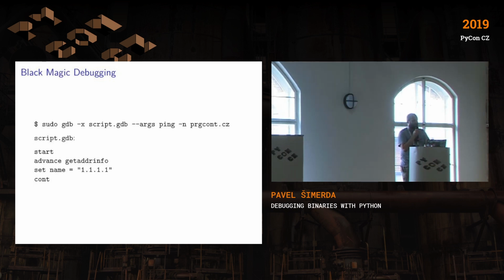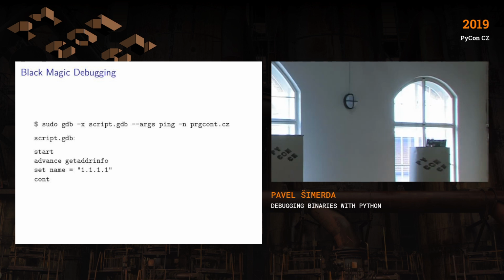I have one more step here. I call it black magic because in this case, during the debugging session, you actually modify the program. And you can combine it with the scripting as well. So for example, this GDB program will go to the first call of getThereIsInfo, and then it will set the name to something else than the program specified.